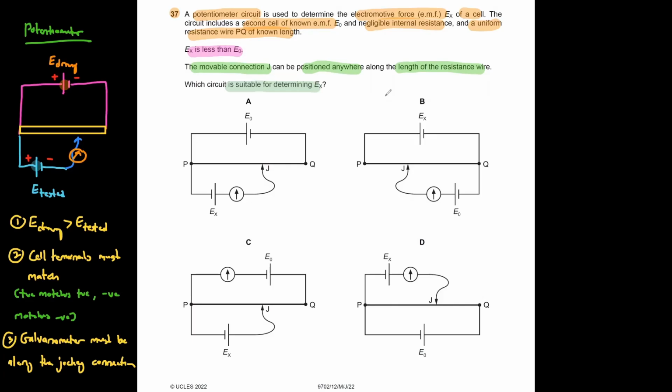So let's look at the answer choices one by one. Answer choice A would be unsuitable, namely because the cell terminals do not match. You can see over here, this is positive, but this is negative. This is negative, but this is positive. So this one is not suitable. Answer choice B would also not be suitable.